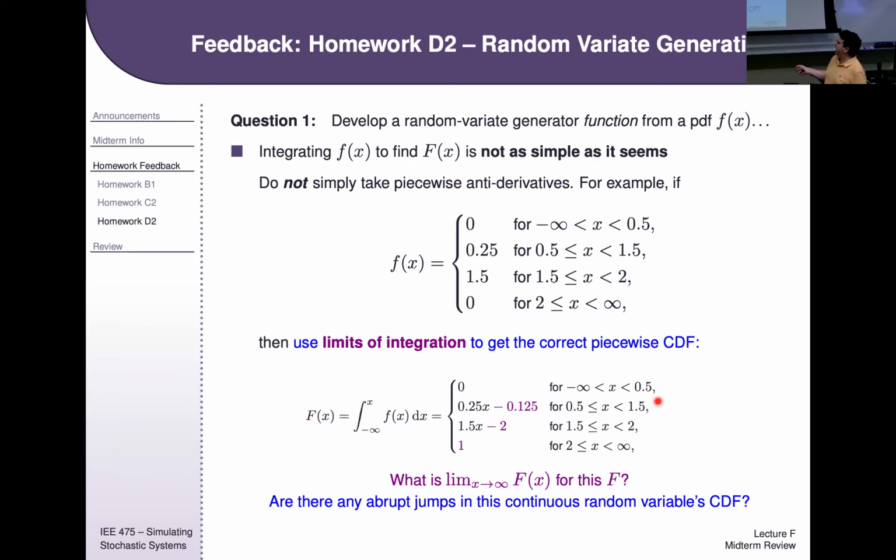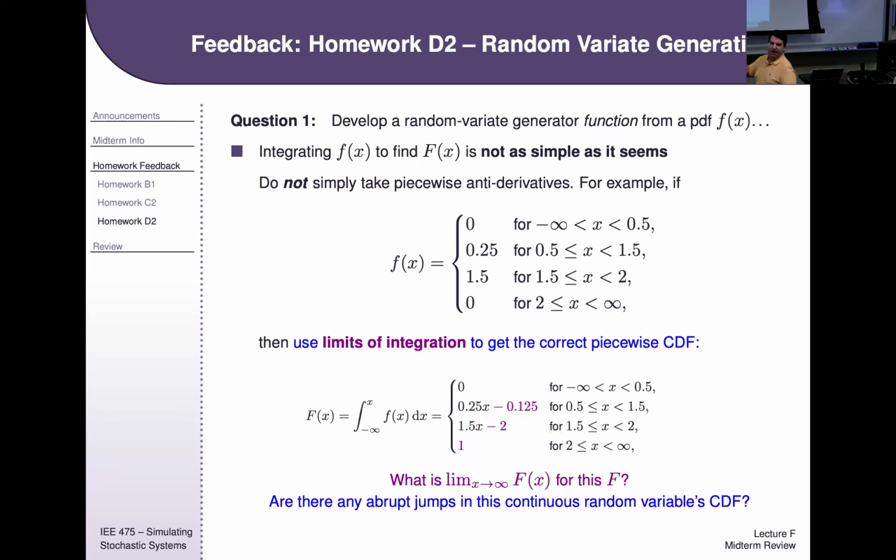So another way to check that you did your CDF correctly is to evaluate your CDF at each one of these boundaries and make sure they agree. If I evaluate this second row at 1.5, it should be identical to this portion at 1.5.